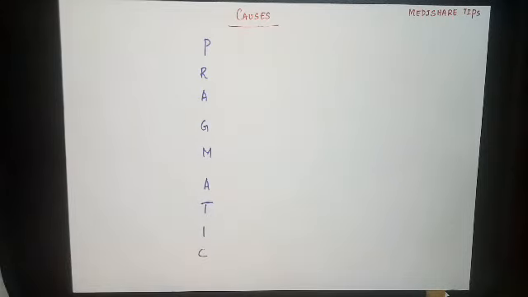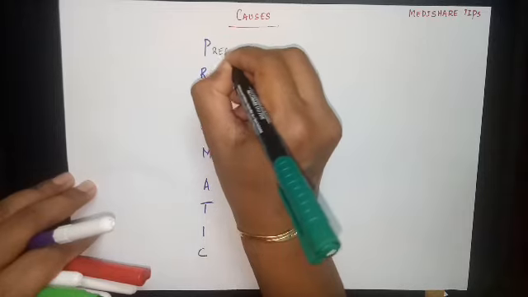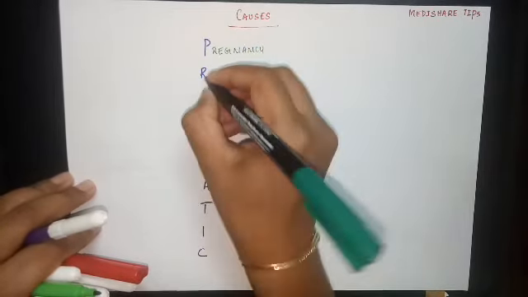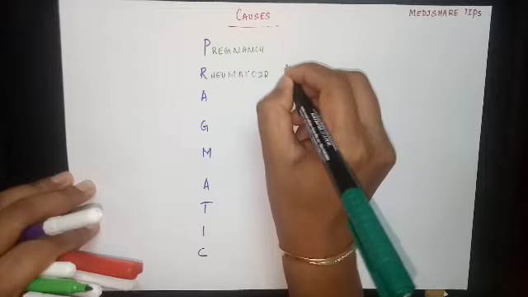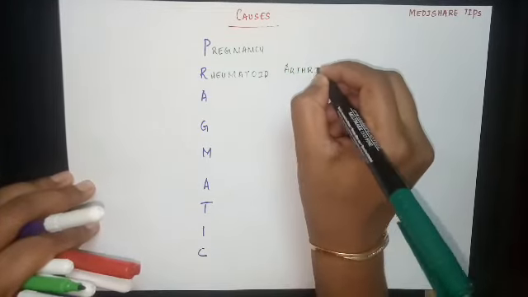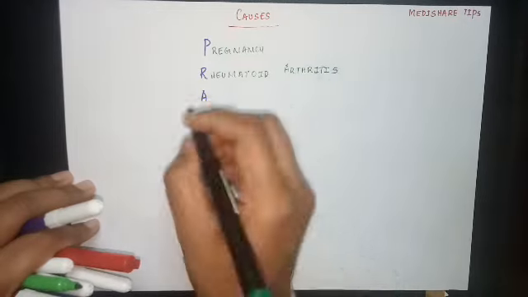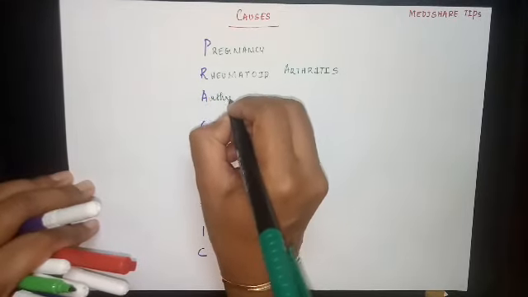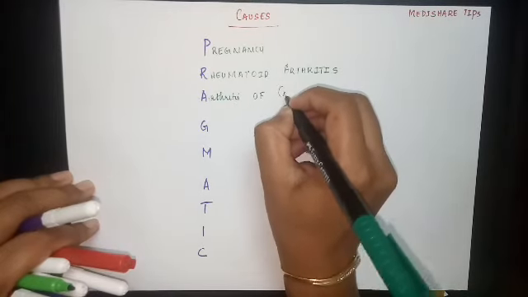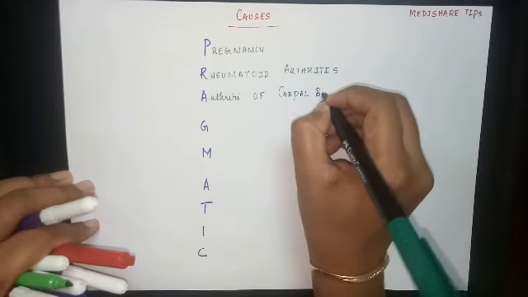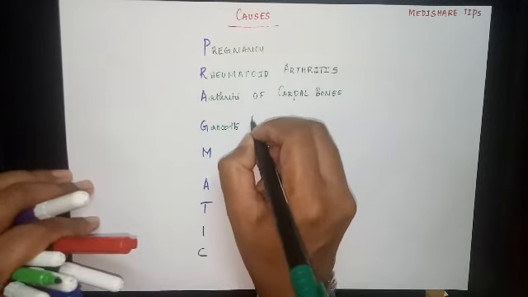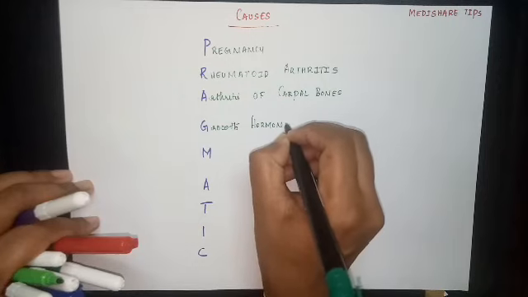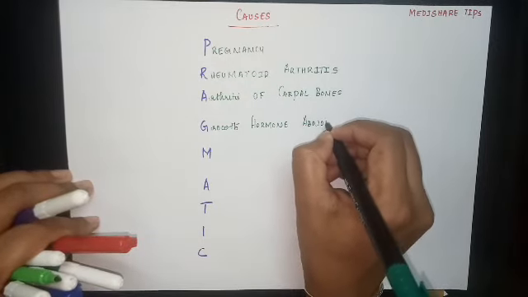P stands for pregnancy, R stands for rheumatoid arthritis, A stands for arthritis of the carpal bones, G stands for growth hormone abnormalities, like acromegaly.